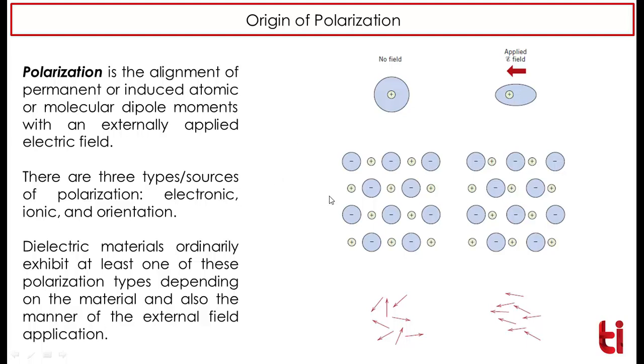Similarly, we have an ionic system in which the positive and negative ions, the cations and the anions, are regularly arranged. As a consequence, the net dipole moment of the system is zero. The charges are separated from each other, but the arrangement ensures that the net dipole moment of the system is zero.